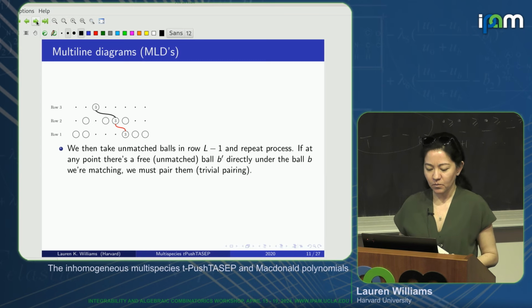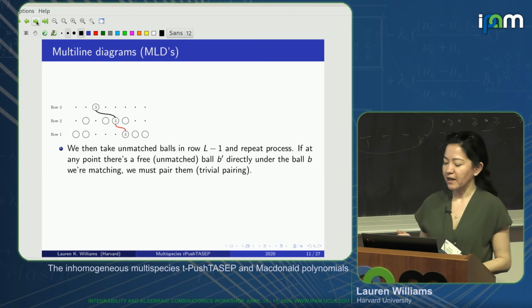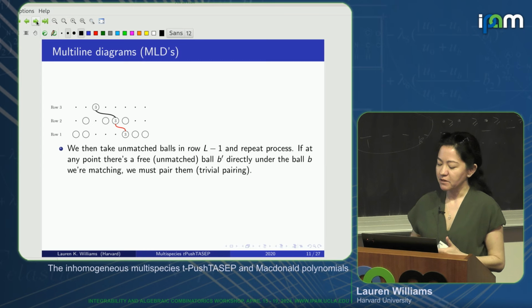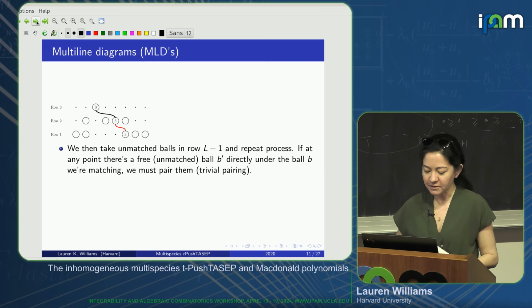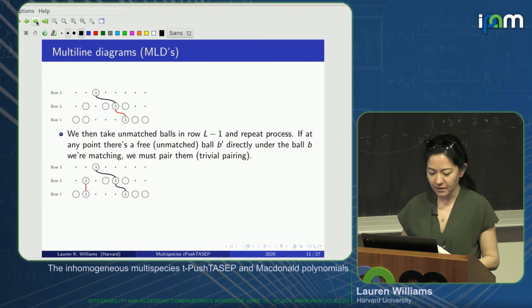And one thing that's important to know is that if at any point I have a free unmatched ball B prime directly under the ball B that I'm trying to match, I have to pair them. So that's called a trivial pairing.